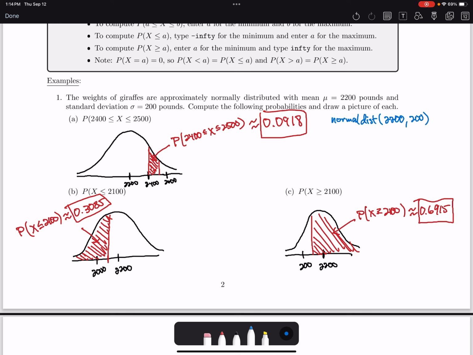And then also tell me on each problem what you put in for the minimum and maximum values, right? So for the minimum here, we put in 2,400, right? For the maximum, we put in 2,500. And then when you're giving your answer, right, write out the full probability statement. Don't just write down the number, the answer, but give me the full statement and say this is approximately 0.0918. Okay, and that's what I want to see.